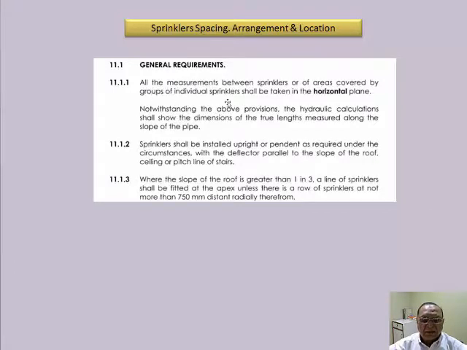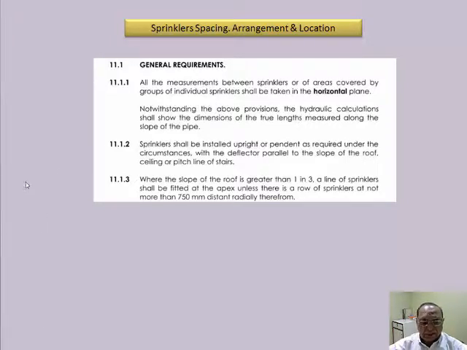What does it mean? It means that although the pattern of discharge is this cone type sphere, the design areas, when we consider them, are on the horizontal plane, and the sprinkler is installed upright or pendant with the deflectors parallel to the slope of the roof.